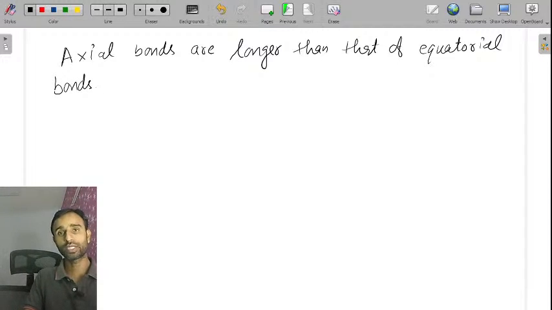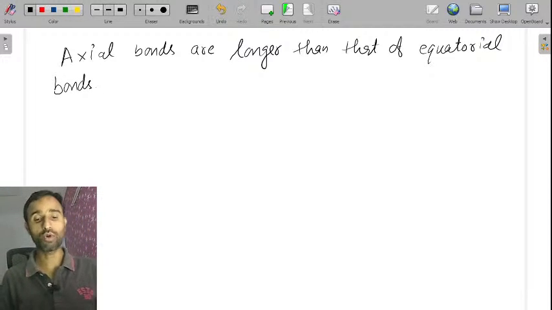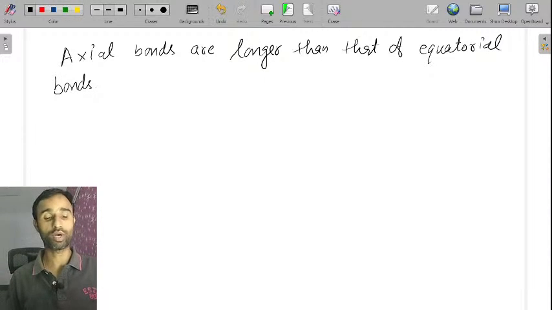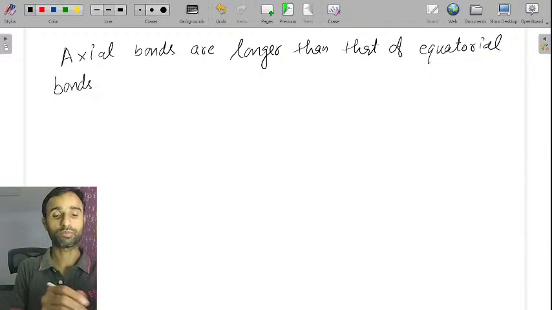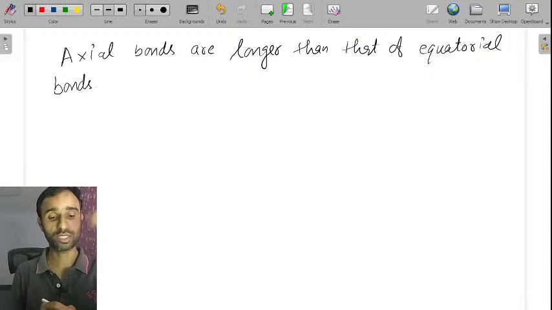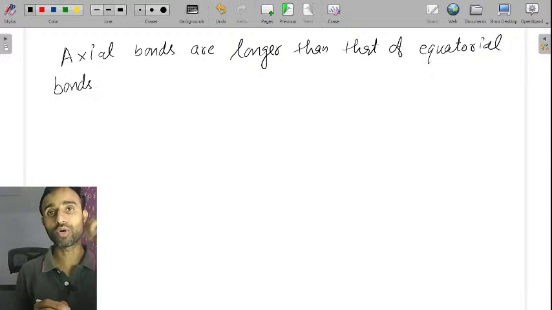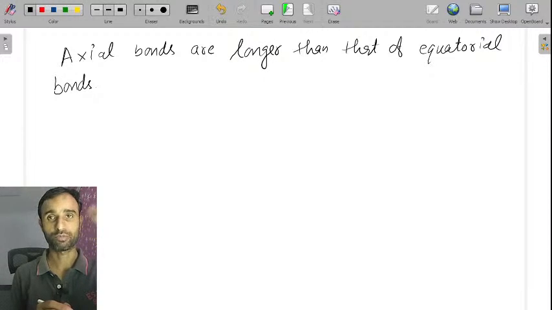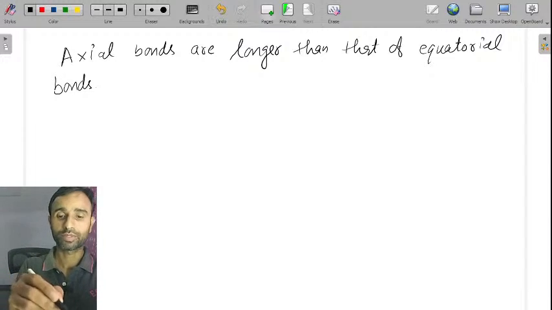So if there is a question why axial bonds are longer than equatorial bonds, you can write like this: axial bonds have more 90 degree bond pair repulsion than equatorial bonds. Okay, I think you can do it. Will you be able to do it now? Next.